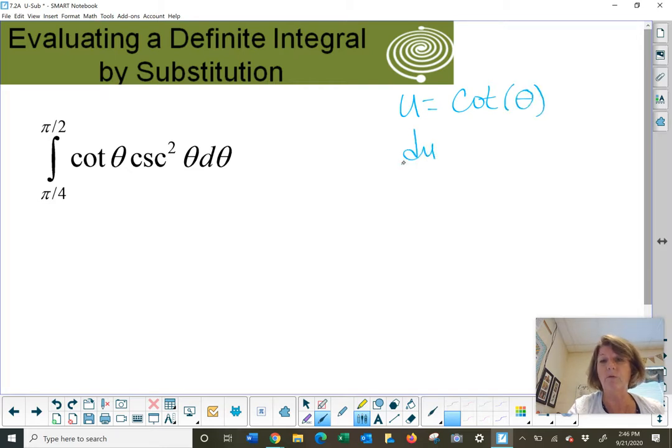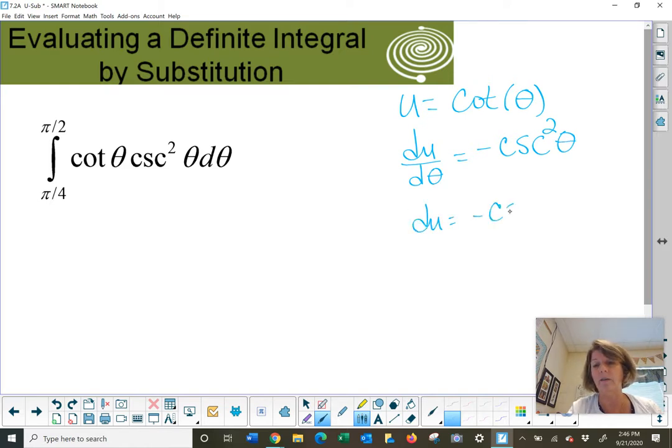Take the derivative with respect to theta, so du d theta equals negative cosecant squared theta. Bring the d theta up and over, so I get du equals negative cosecant squared theta d theta. We really don't need the negative, so let's multiply both sides by negative. This will be u, and this will be negative du.